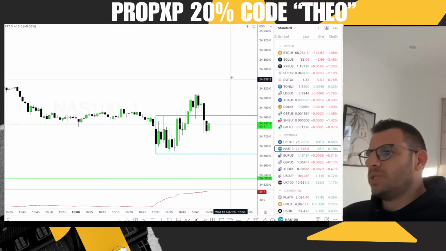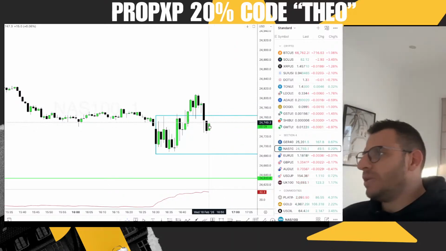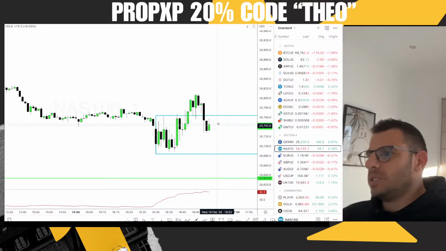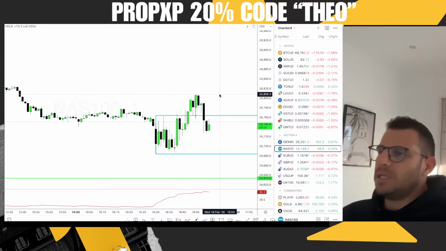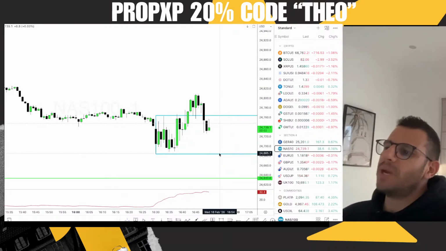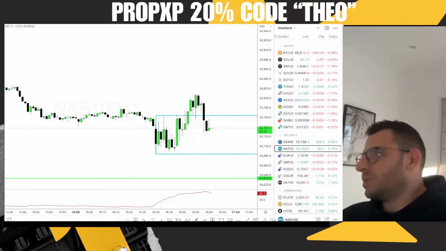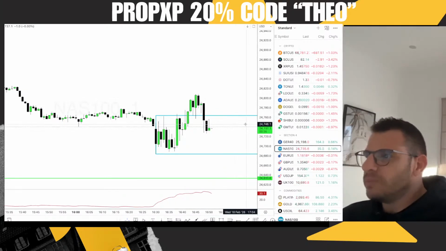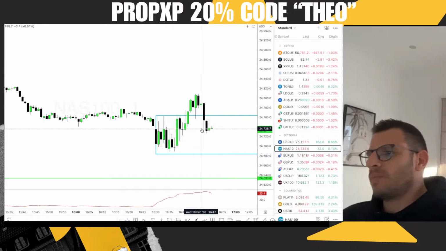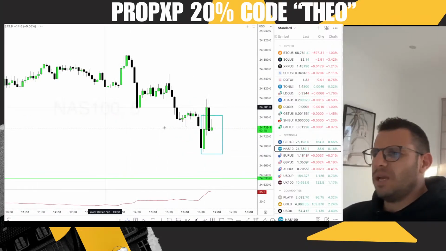So we want to see a move outside of this. If we don't see that, then the price will come all the way down, and if it breaks to the downside, we will start looking for short positions. That's inside, not clearly defined by direction.